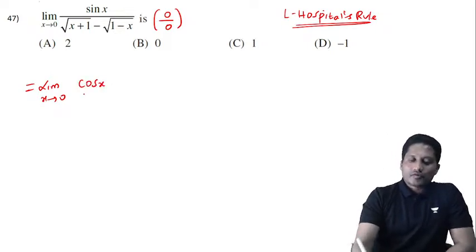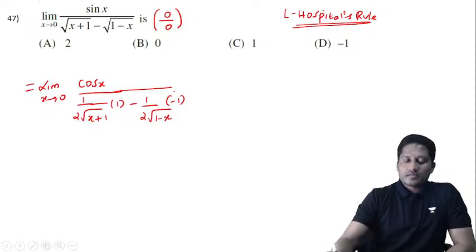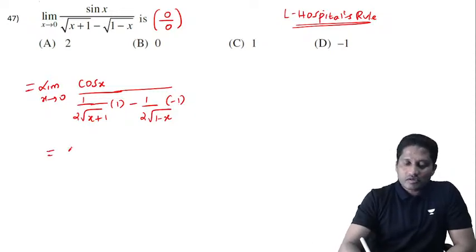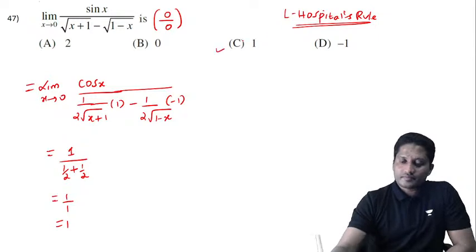And differentiation of root x is 1 by 2 root x. Differentiation of x plus 1 is 1 only. Again, differentiation of root x is 1 by 2 root x. And differentiation of 1 minus x is minus 1. X is tending to 0, cos 0 is 1. Upon this is 1 by 2, minus and minus is plus 1 by 2. Half plus half is 1. Answer will be equal to 1.